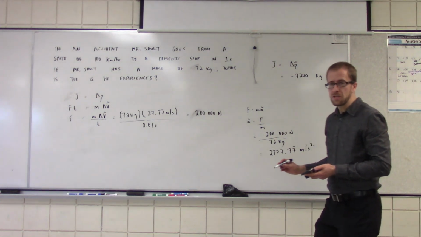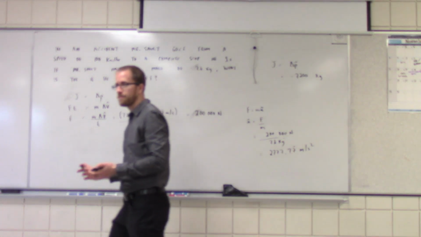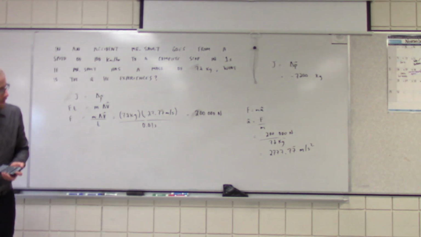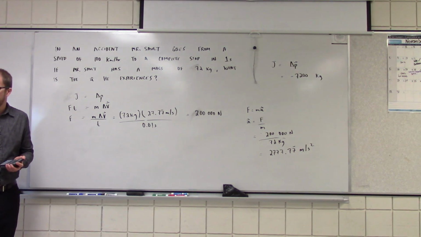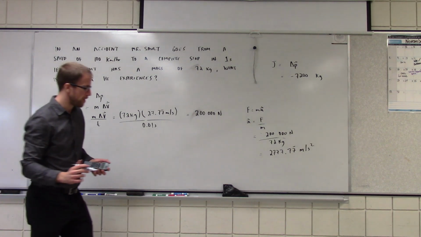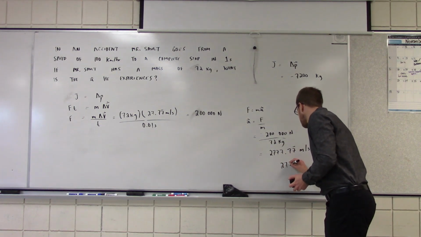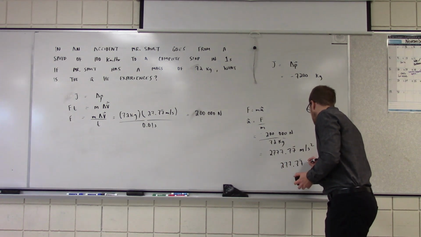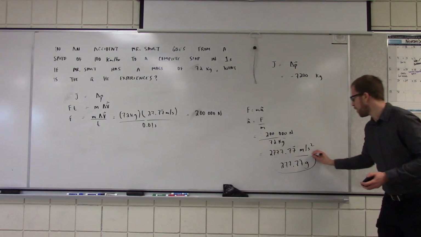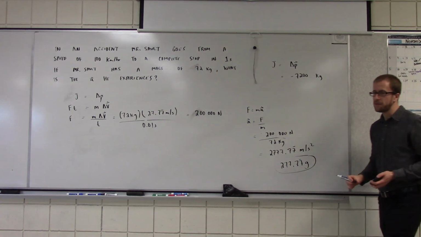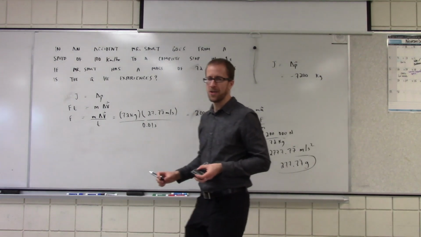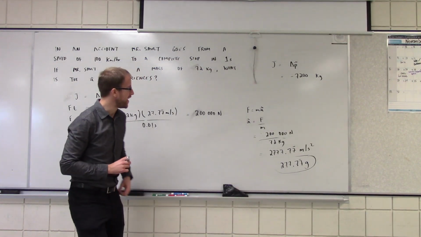Which means how many G's did my body actually experience? Sorry, I screwed up that math hard. 277.77 G's, my body, not 1,000. Am I still dead? Yes. Oh yeah, I'm still dead. 100%.